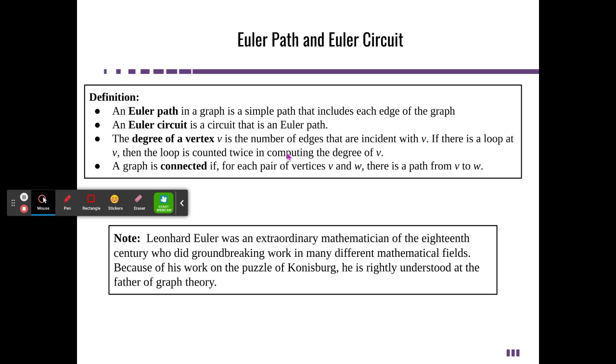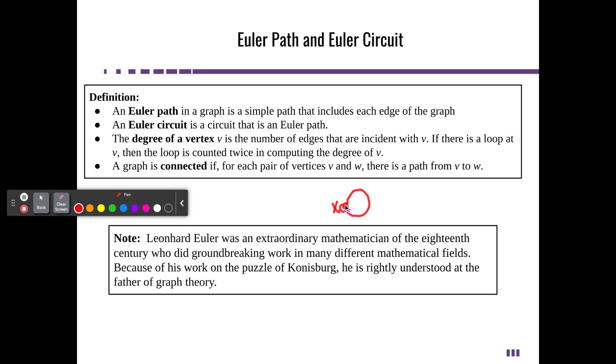All right. The degree of the vertex V is the number of edges that are incident with V. And if we have a loop at V, then the loop is counted twice in computing the degree. So if we have the loop, that degree is 2. Let me grab my pen. Let's say this is X, so this would be a loop.